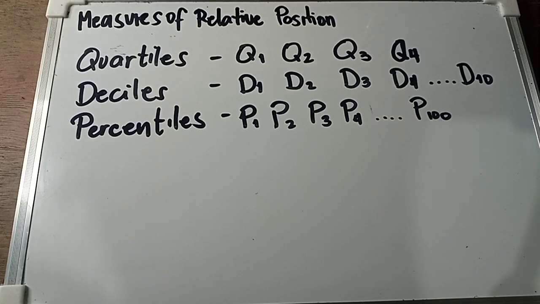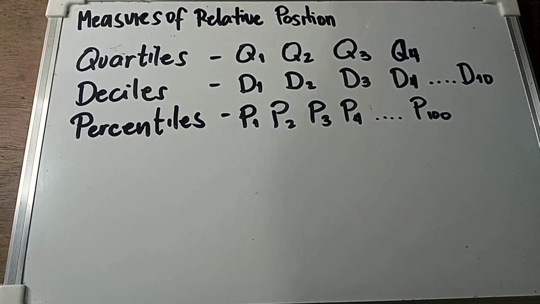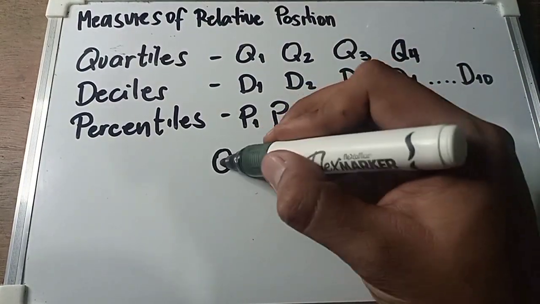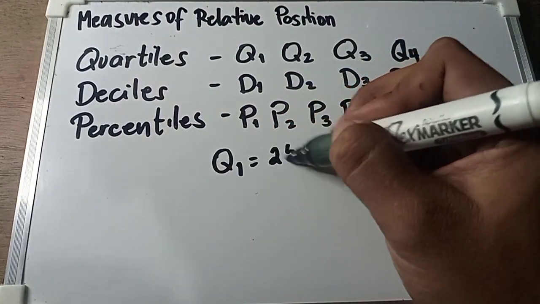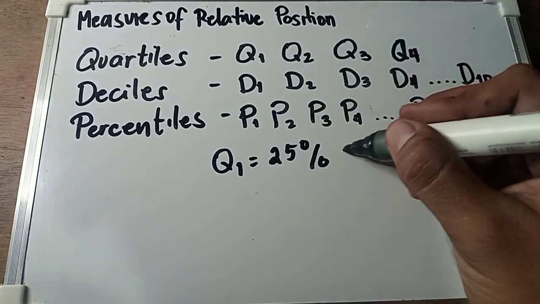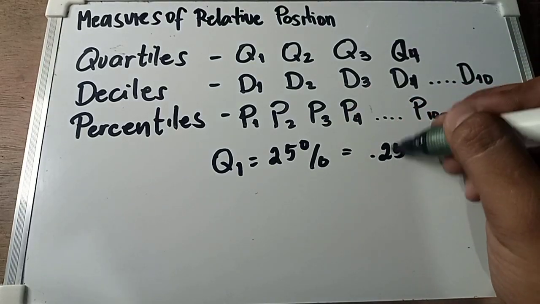Okay, so always remember na ang mga to ay composed of 100%. So, kung si quartile ay nahati into 4, yung 100% ay hahatiin mo sa 4. Si Q1 ay 25%. So, in decimal, that is 0.25.